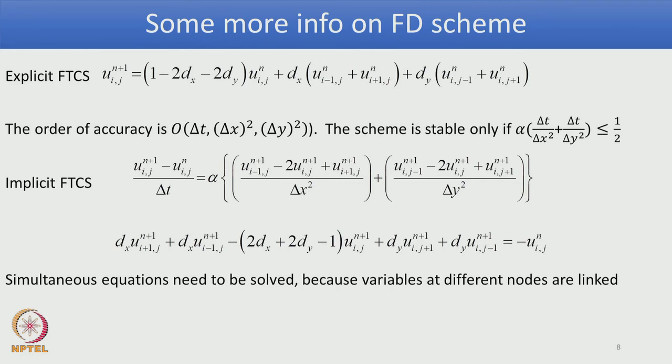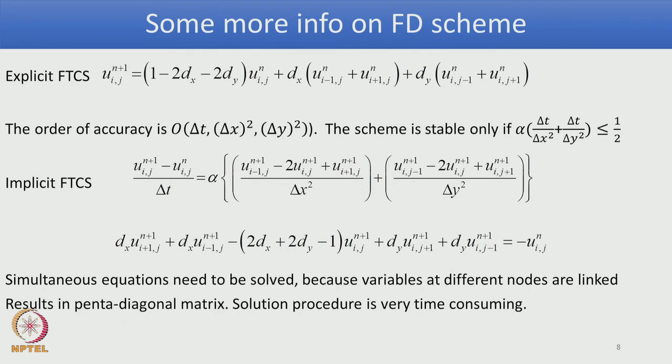This particular equation is run through the entire computational domain or along a line of nodes. Then you get simultaneous equations. For every node you will get one equation, and you need to put them together and invert the matrix, because variables at different nodes are coupled with each other.